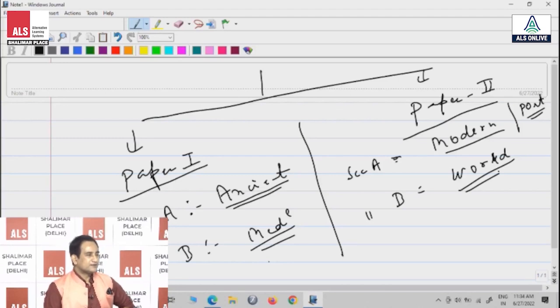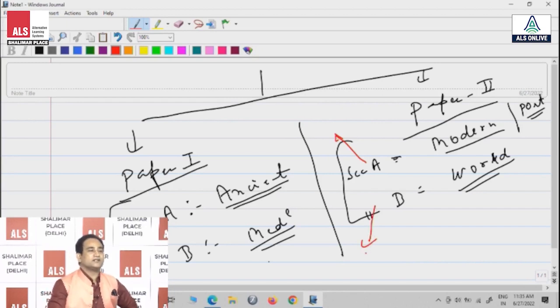And you have to write 5 questions from each paper. Now, the challenge would be that the first question of ancient India would be compulsory. The first question of medieval India would be compulsory. The first question of modern India would be compulsory. The first question of world history would be compulsory. Why a challenge? Because you cannot select the topic. You have to cover the entire syllabus.